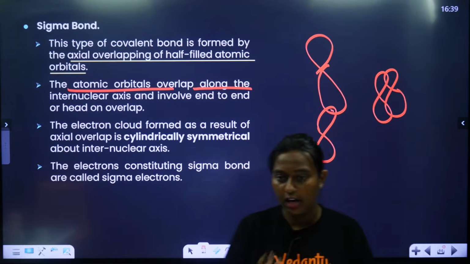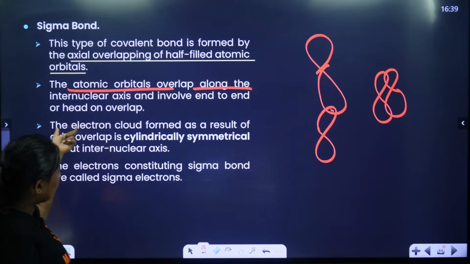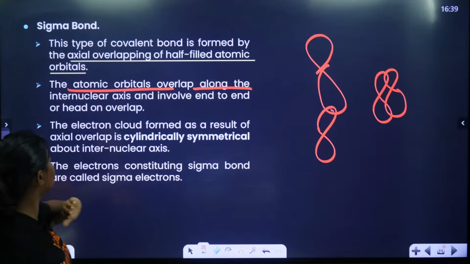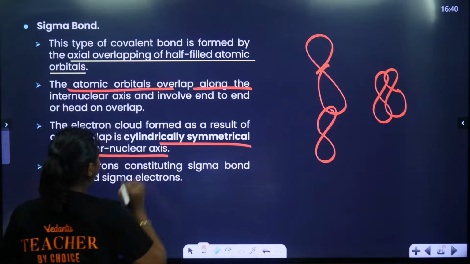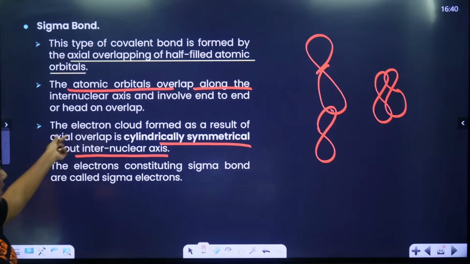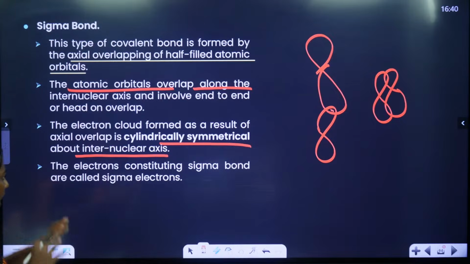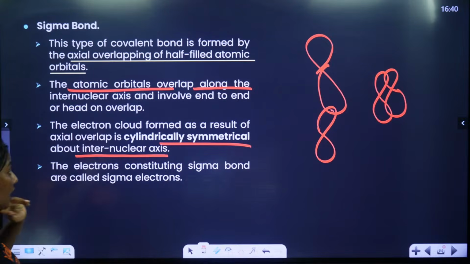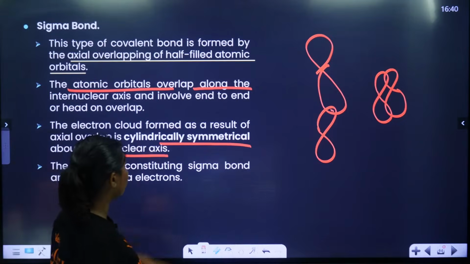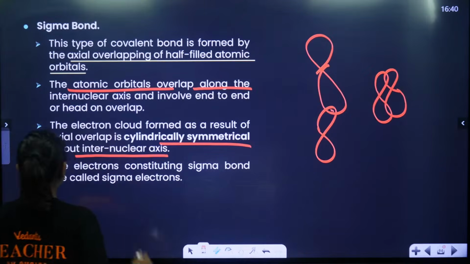So sidewise overlap and head-on overlap are there. The electron cloud formed as the result of axial overlap is cylindrically symmetrical about the internuclear axis, so you can see the electron cloud is axial.